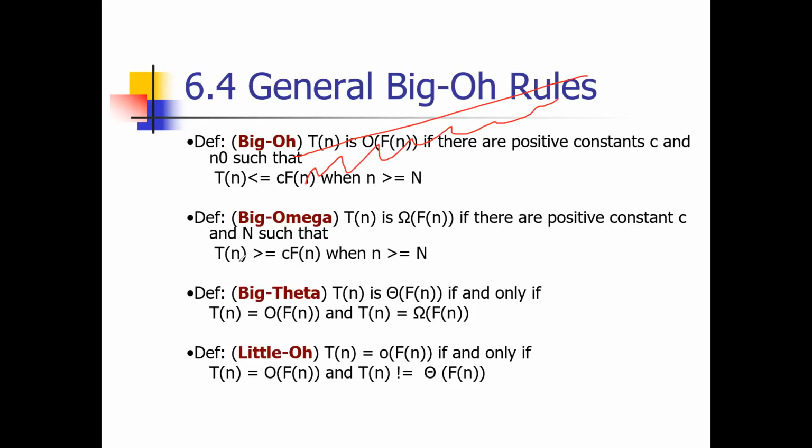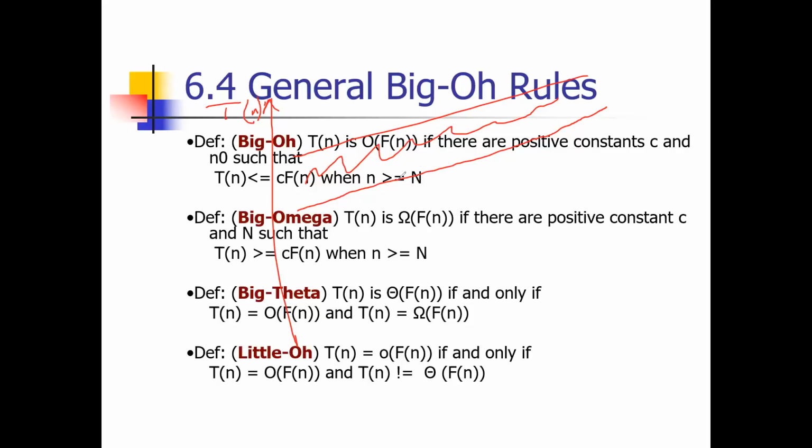Omega, your running time is greater than that, so that omega function is below. That's your best case, because remember, as you go up, the running time is bigger. So big O is higher than your actual running time, and omega is lower.